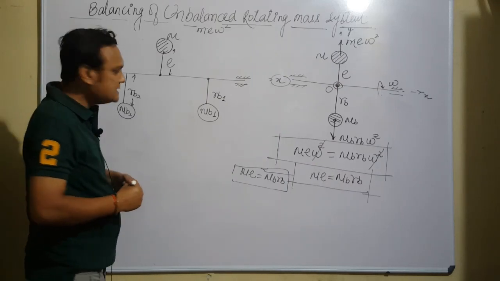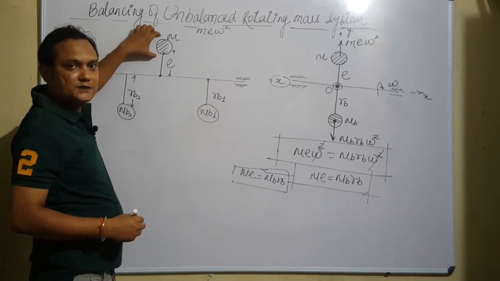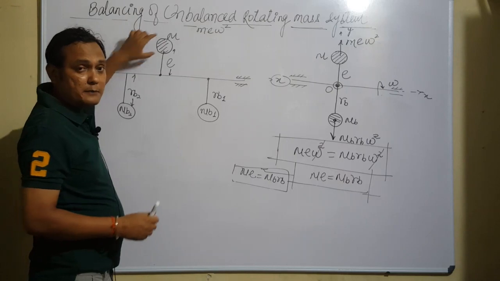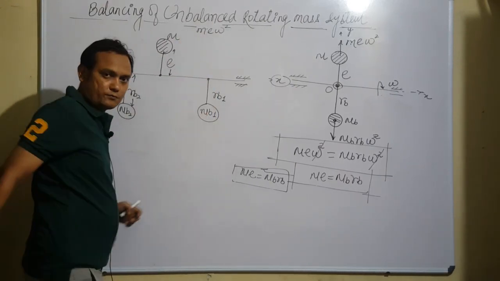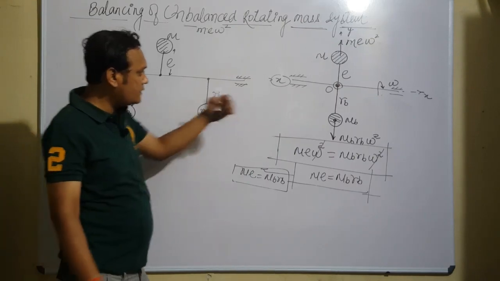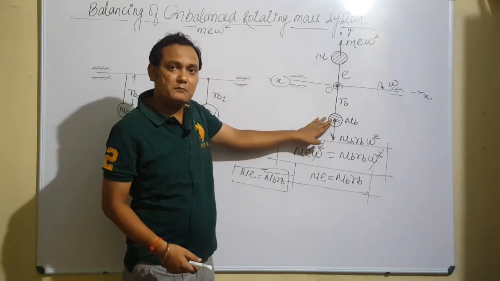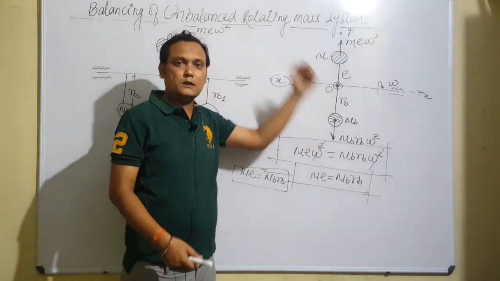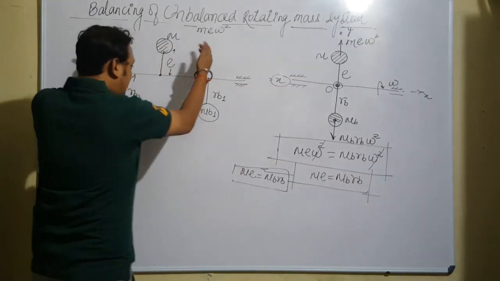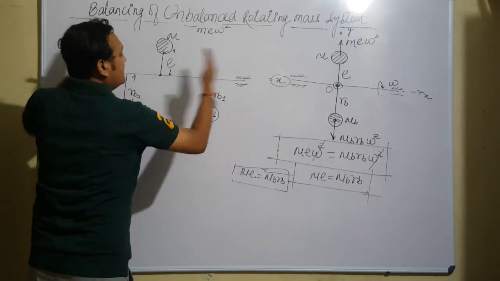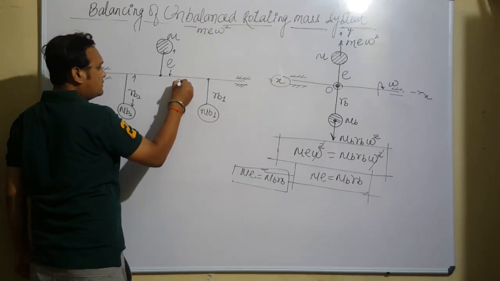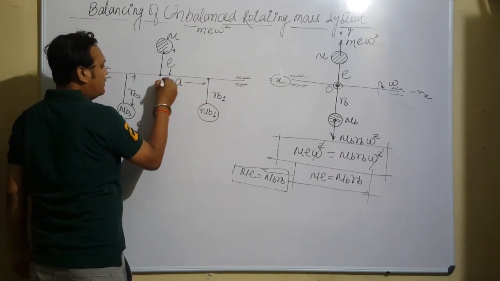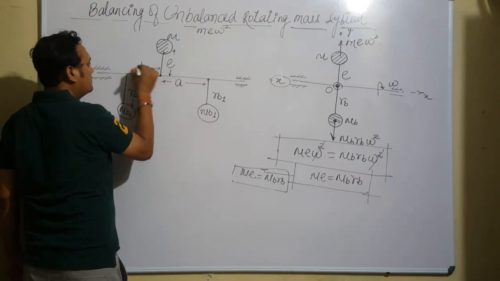That means to balance a single unbalanced mass, I am now attaching two balancing masses in two different planes. What is the difference? Earlier we attached a balancing mass in the same plane opposite to the unbalanced mass. Here we are attaching opposite but in a different plane. Suppose this distance is A and this distance is B.